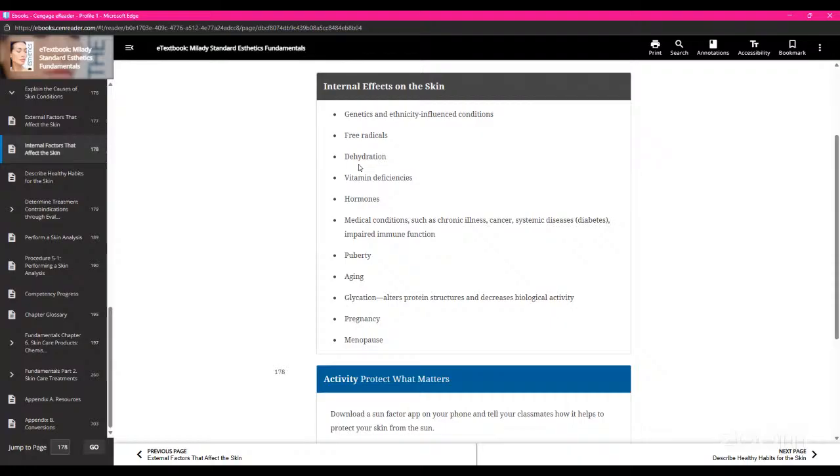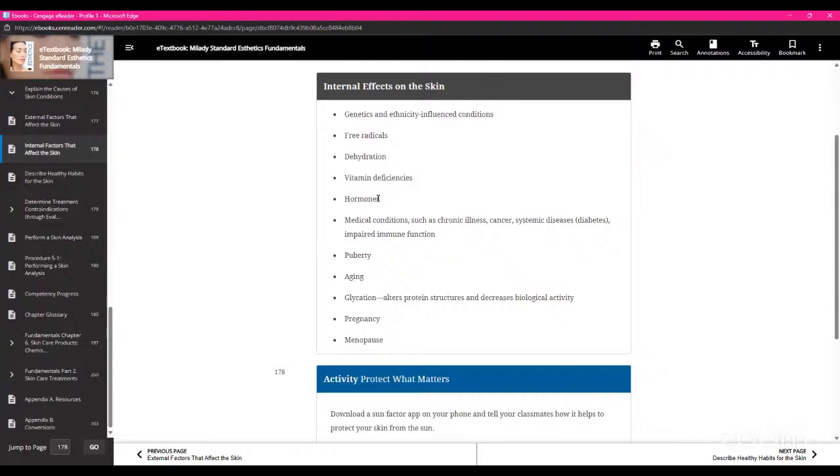Cracked skin, the texture becomes very dry, vitamin deficiencies. So just talk about the different vitamins that are amazing for the skin. Maybe give them a flyer, sell vitamins, gummies, something of that nature, because you want to also work from the inside out.